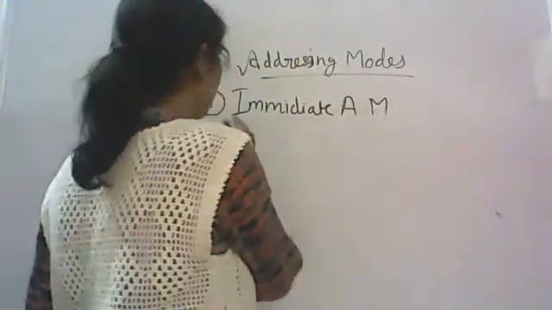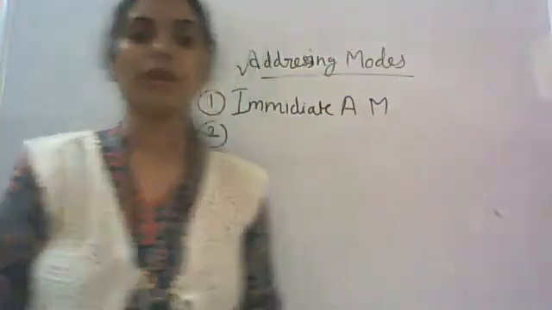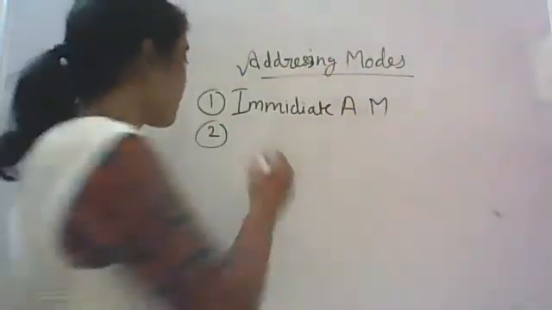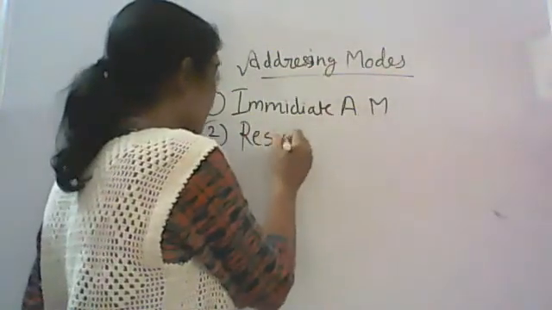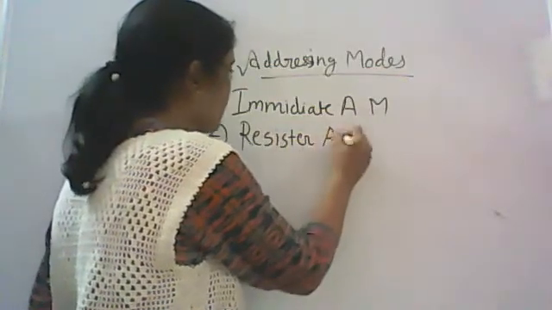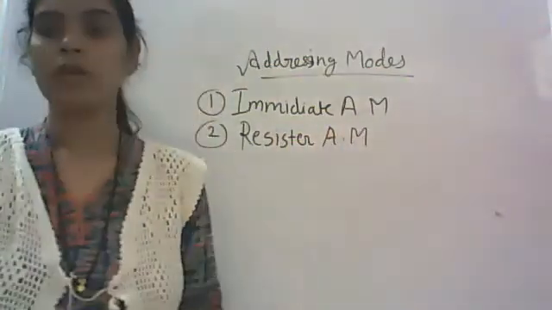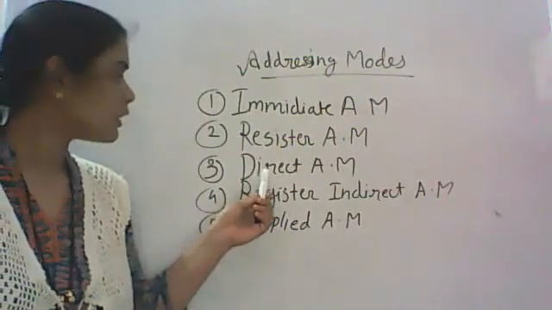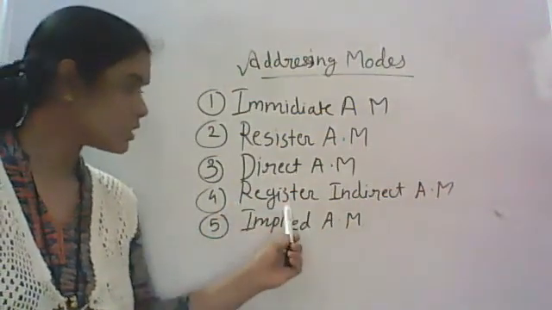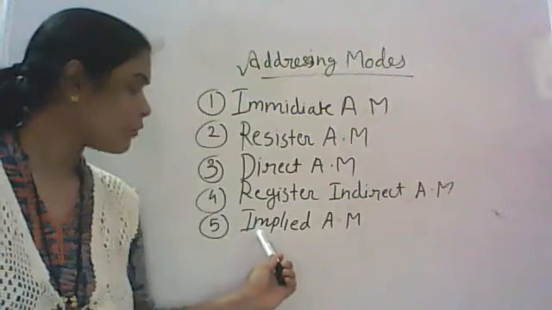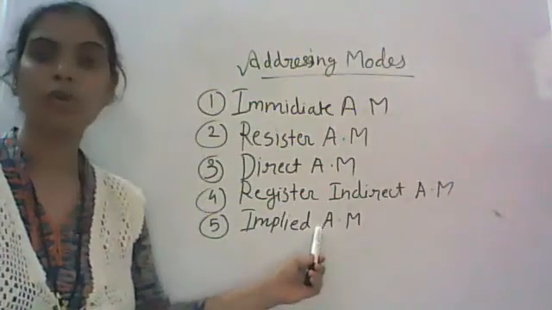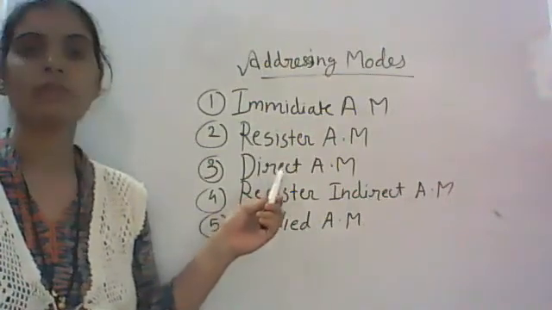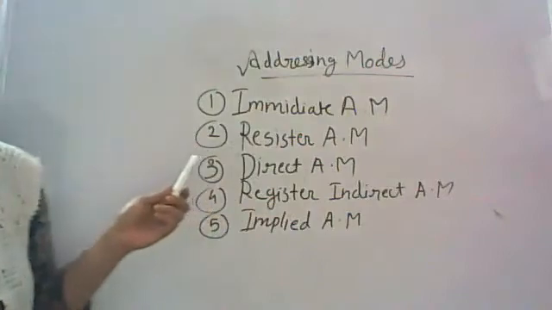Second one is register addressing mode. Third, direct addressing mode. Fourth is register indirect addressing mode. And fifth is implied addressing mode, or you can say implicit addressing mode. Now we start with the first, that is immediate addressing mode.